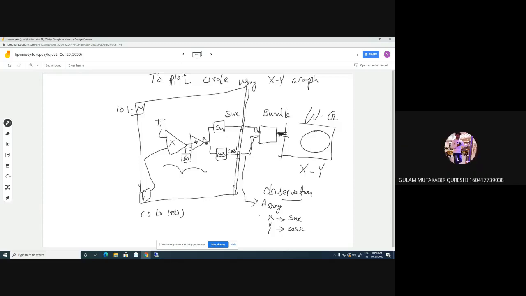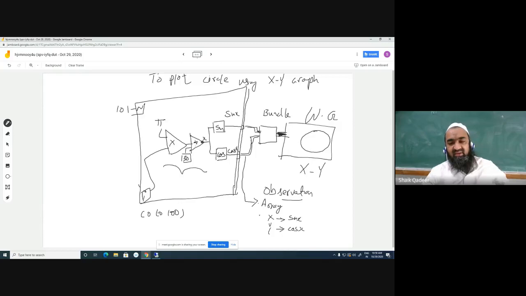Yes, sir. After that, what am I doing? This I am giving as an input to the sine function and at the same time as input to the cos function.